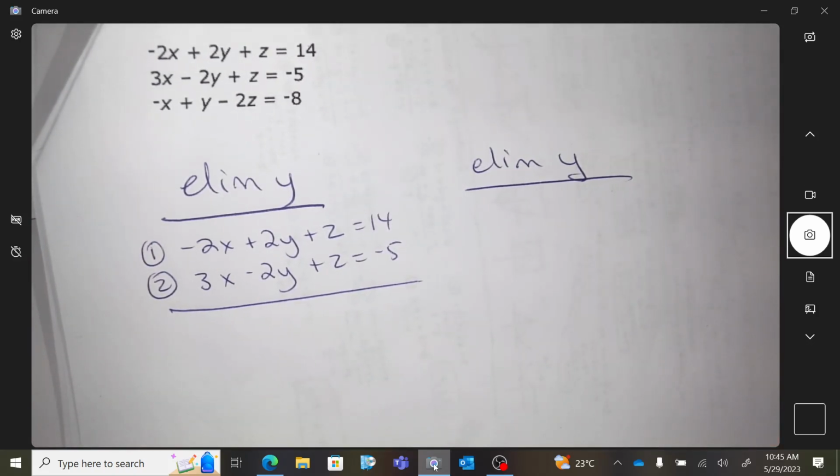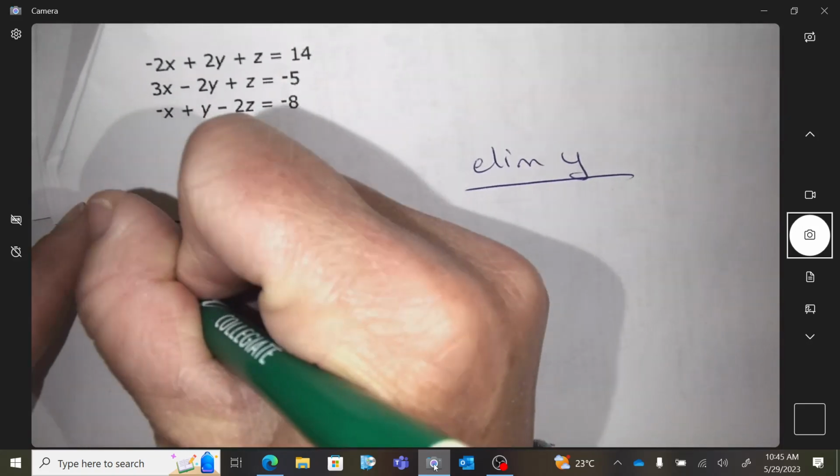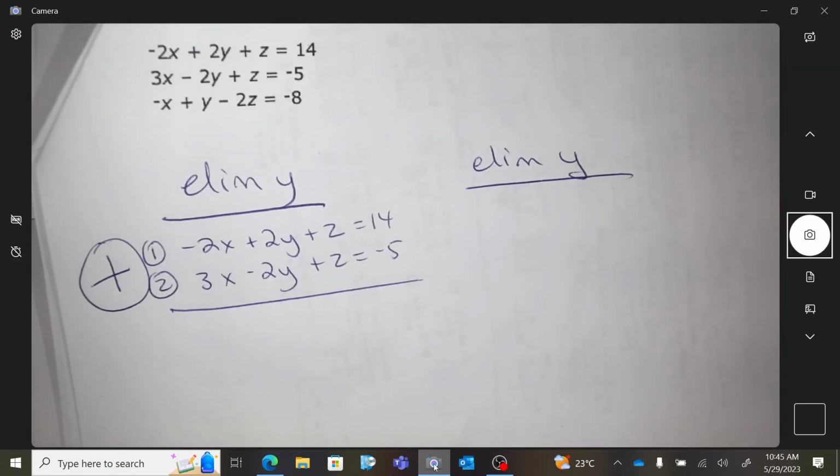Okay, so all I did was copy them down. And you always will ask yourself, should I add or subtract? To get rid of the y's. Add. Okay, go slow and steady. There's always small errors in this if you're rushing.